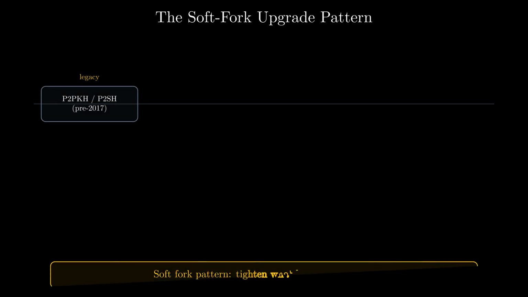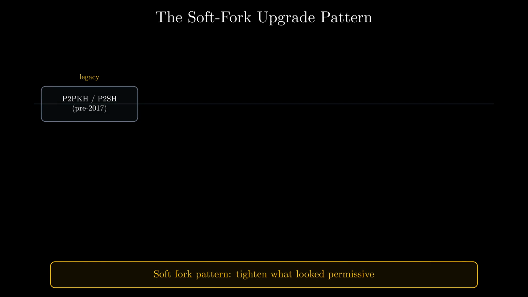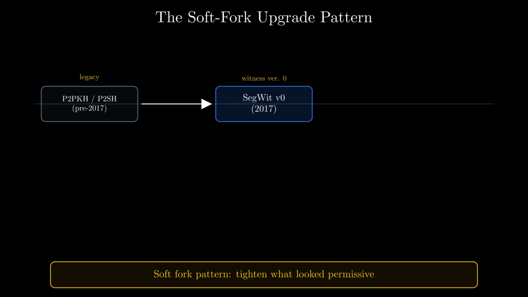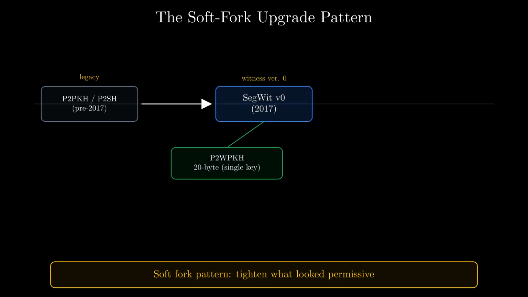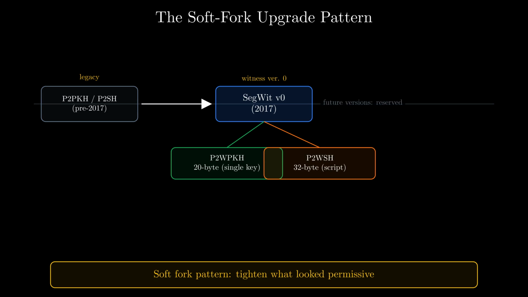Step back. SegWit shows the shape of every Bitcoin upgrade. New rules arrive as a soft fork, a tightening that reinterprets scripts old nodes already considered valid. Witness version 0 claimed 2 patterns, 20-byte programs for single keys, 32-byte programs for scripts.